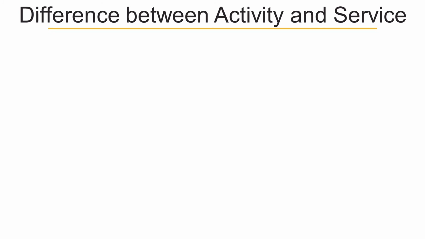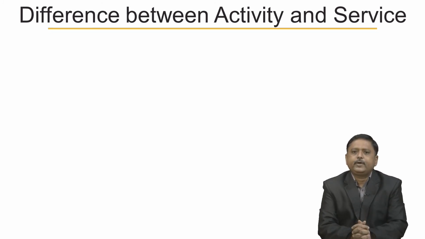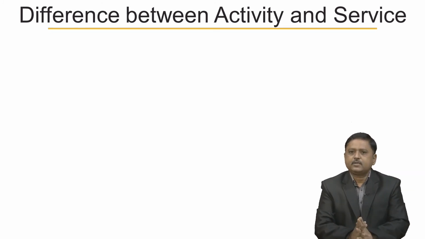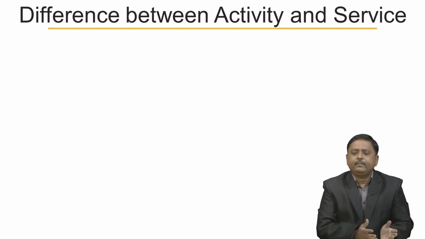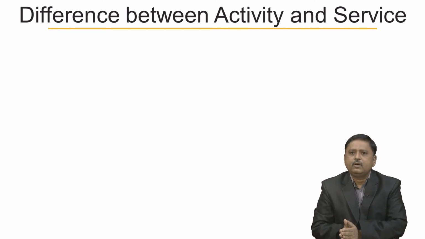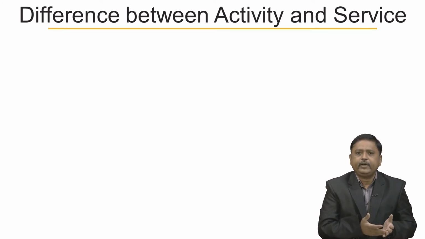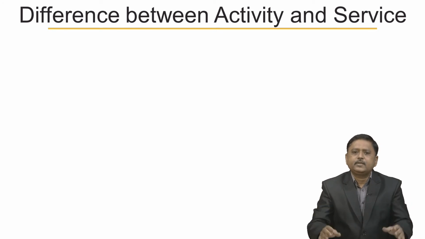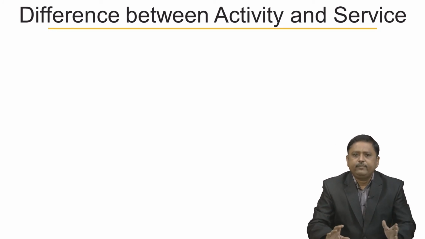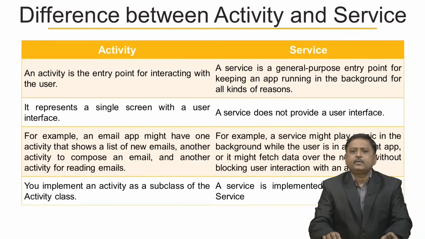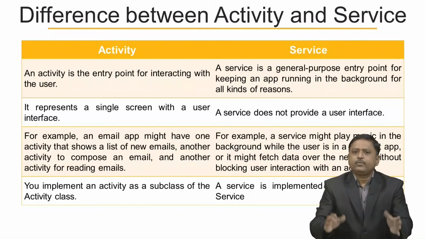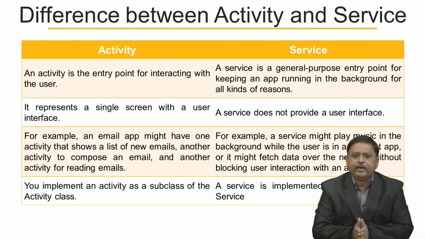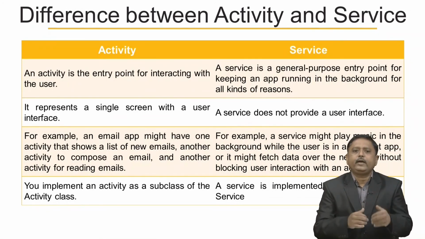Let us try to understand the difference between activities and services. We have also learned when to use an activity, when to use a service, what the life cycle of an activity is and what the life cycle of a service is. So, you can easily understand now the difference between activities and services. First of all, an activity is the entry point for interacting with the user.